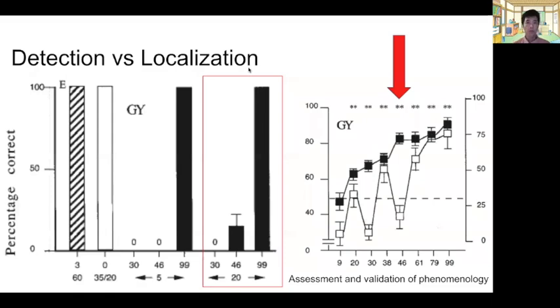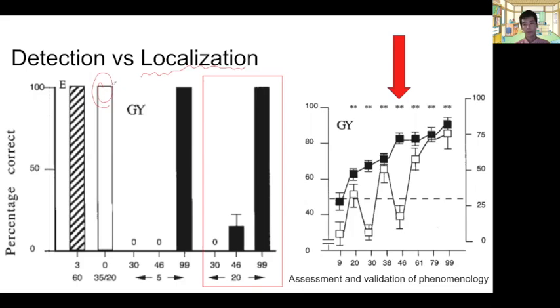And this contrasts strongly with the results of the localization task. The localization task was a task where GY was forced to choose whether the stimulus was near or far, whereas in the detection task, he was given the option of not seeing the stimulus.